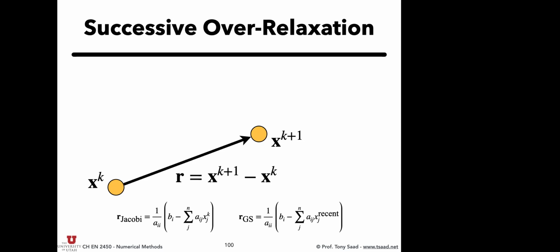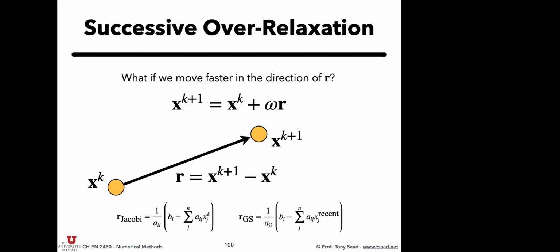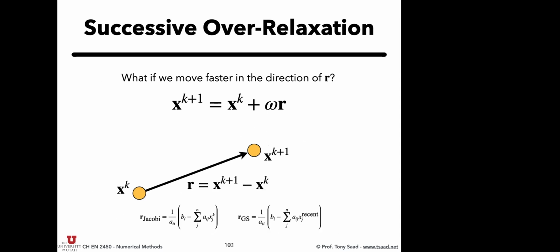Now you might say, okay, if we know the direction of the solution, why not go faster or slower in that direction? And what you do is simply take that direction, which is r, that recipe for Gauss-Seidel or Jacobi, and multiply it by a number so that you move faster or slower in that direction.